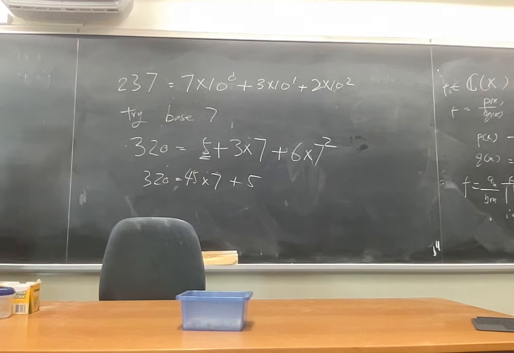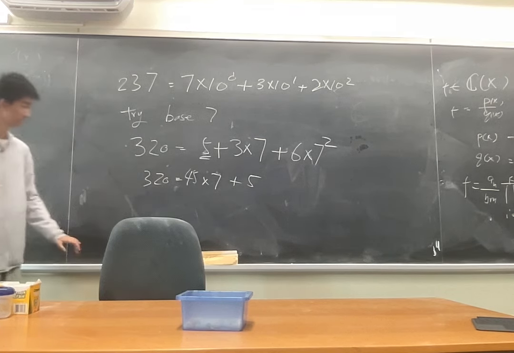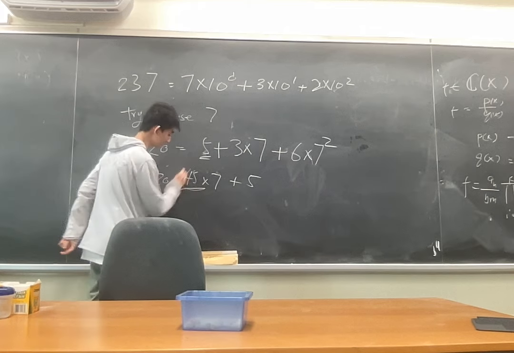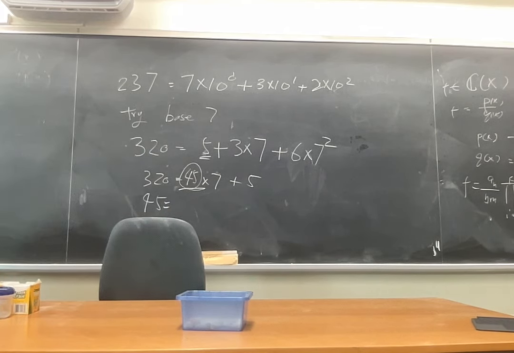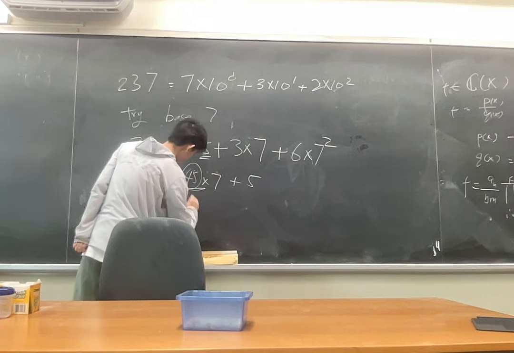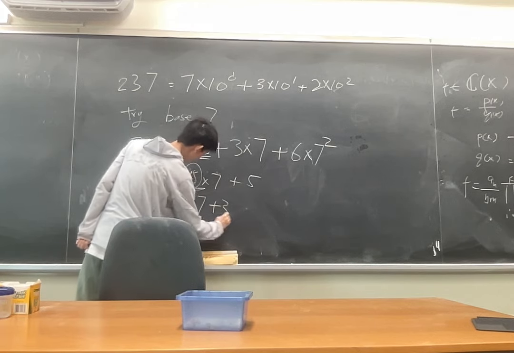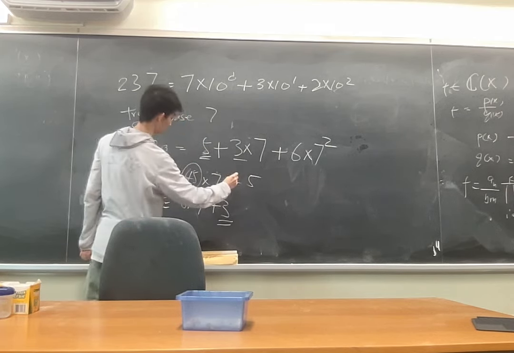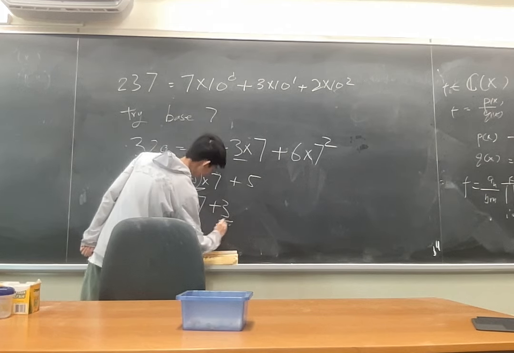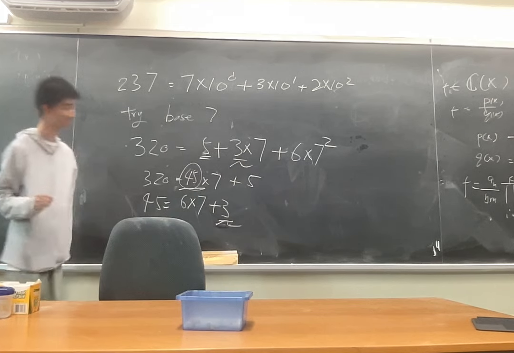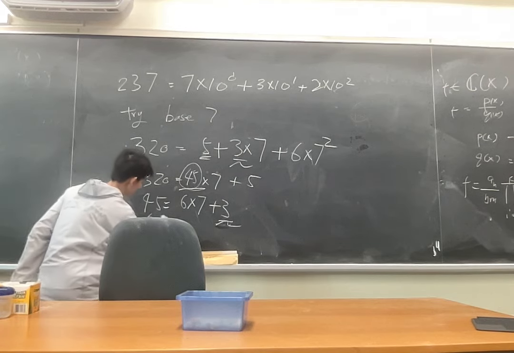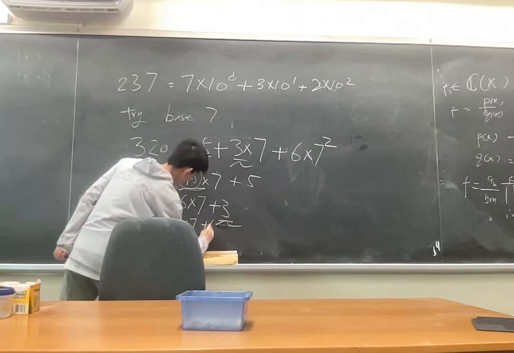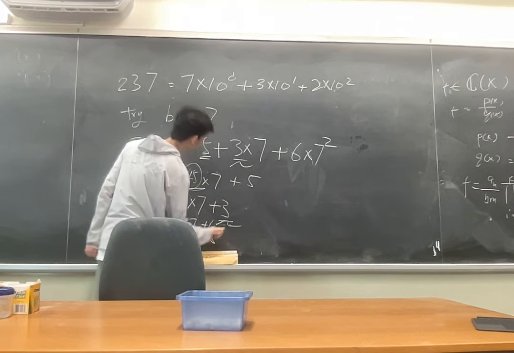Now we do division with remainder on 45. So 45 is equal to 6 times 7 plus 3. That's how we got the 3 here. And then we just have 6, and 6 is 0 times 7 plus 6. So that's just the 6.